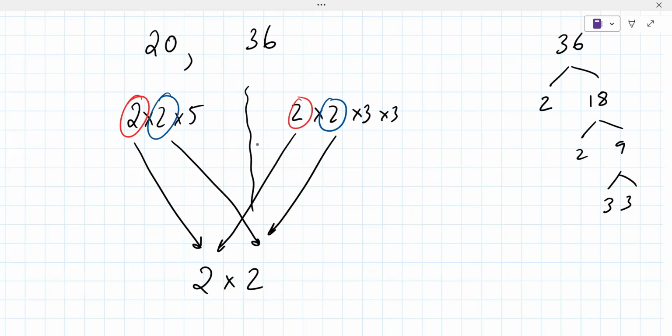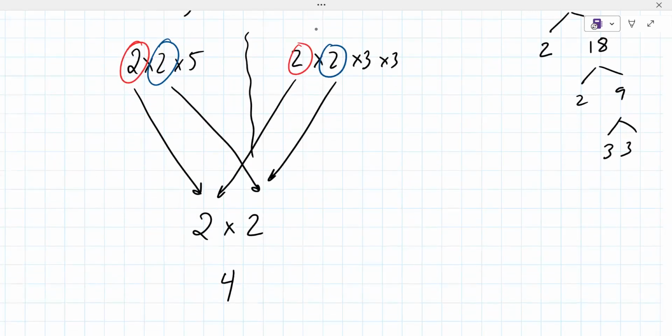So 4. Yes, very good. Let's try another one here. Let's go 28 and 42. Okay.